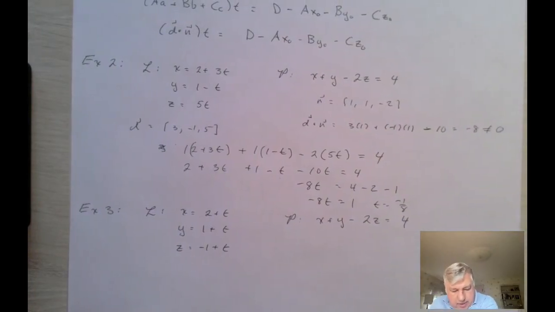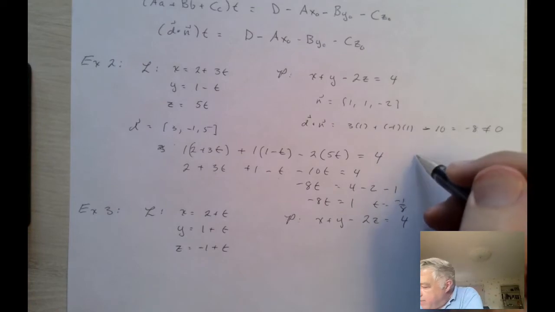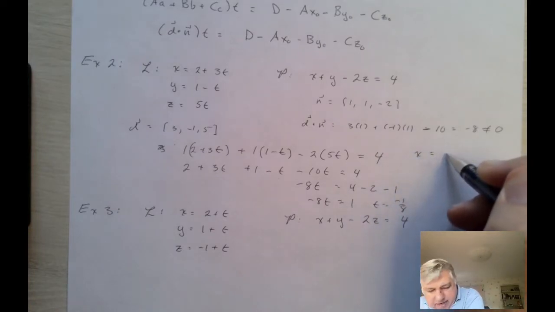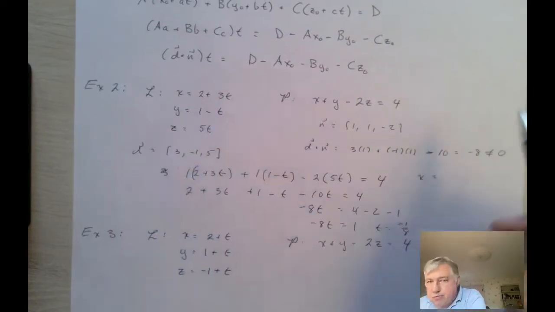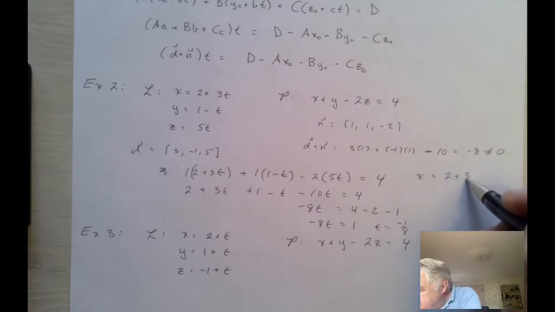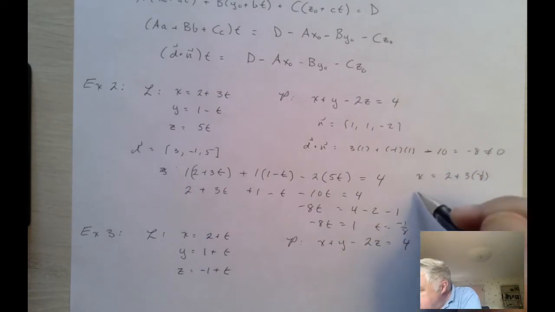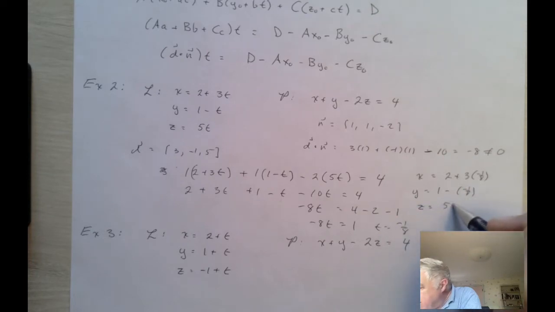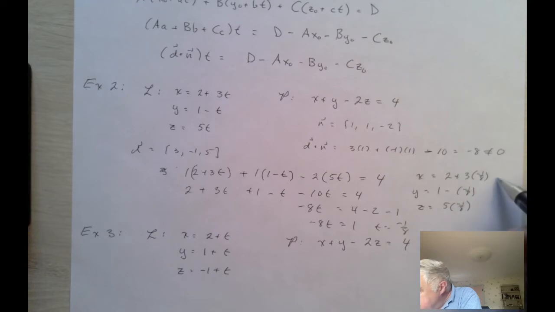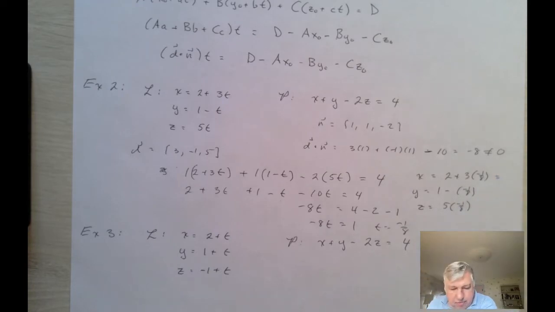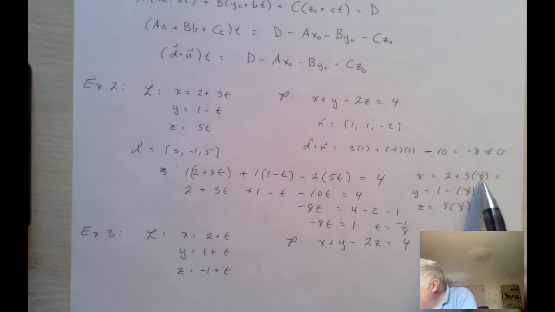Then our point of intersection: x is given by, now we use these equations here, 2 plus 3 times negative 1/8. y is going to be 1 minus negative 1/8, and z will be 5 times negative 1/8. Doing a little arithmetic, this is going to be 16 eighths minus 3 eighths, that's 13 eighths.